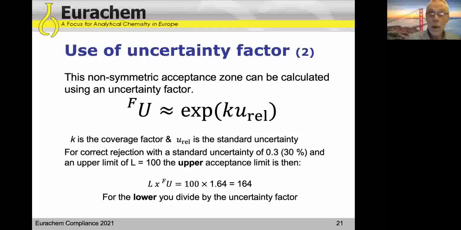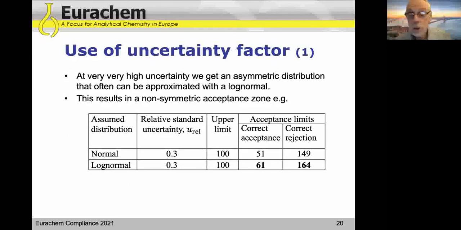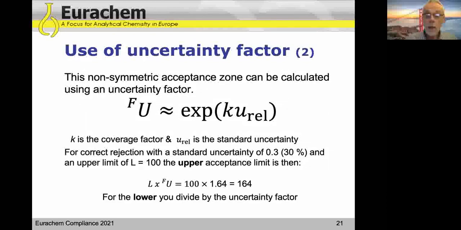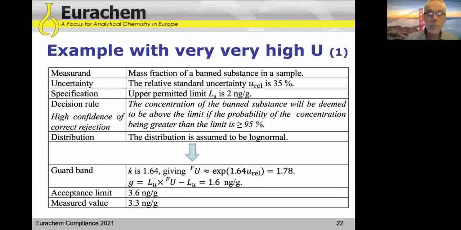Then we can multiply the uncertainty factor with the limit, and we get the value of 164, which we had shown here. That correct reaction, the acceptance limits goes up to 164. And the uncertainty factor for the lower limit is just by dividing. So this is an easy way to estimate the reduced acceptance zone when you want to have correct acceptance.